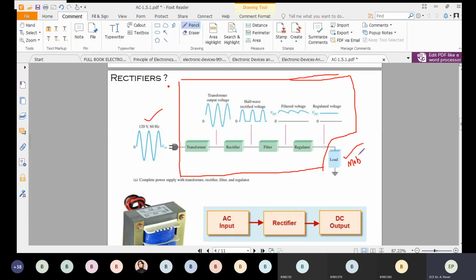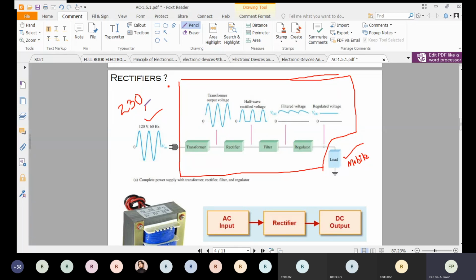If you tear apart this mobile charger, I'm not asking you to damage the mobile charger, but if you did, you can find this rectifier circuit. In simple terms, for a mobile charger, the input is 230. If you have the mobile charger beside you, turn it over and see the specification.